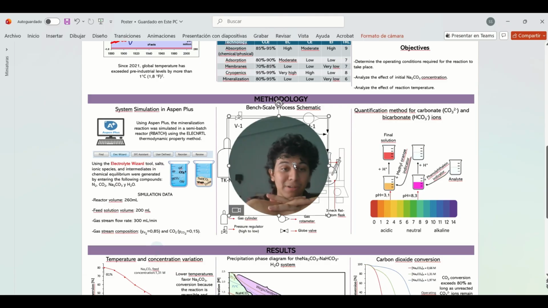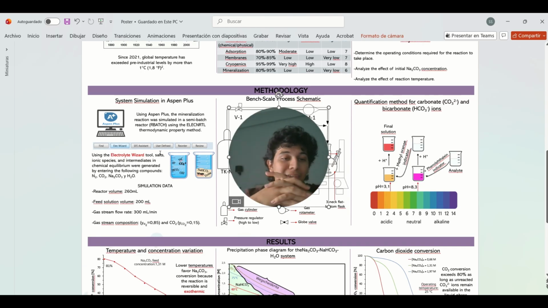The reaction was simulated in a semi-batch reactor using the ELEC non-random two liquids thermodynamic property method, in Aspen Plus.